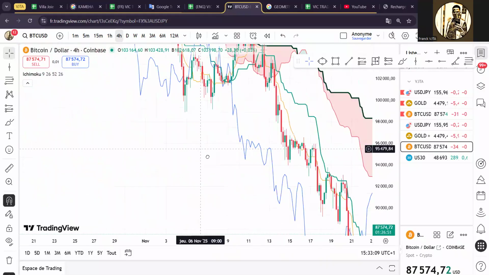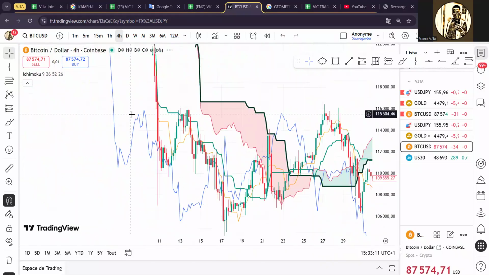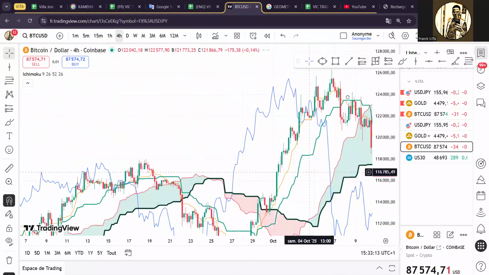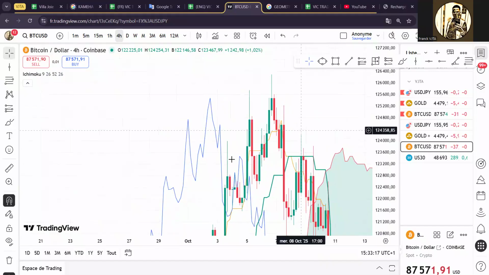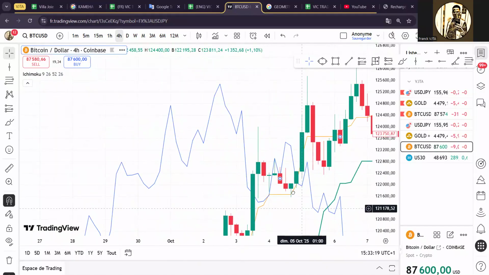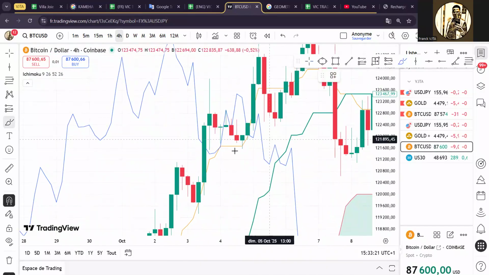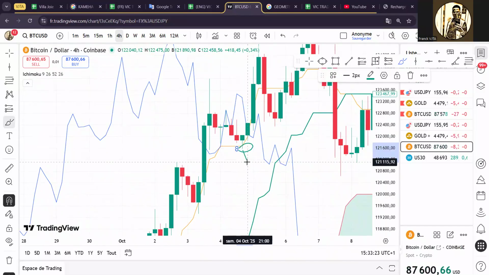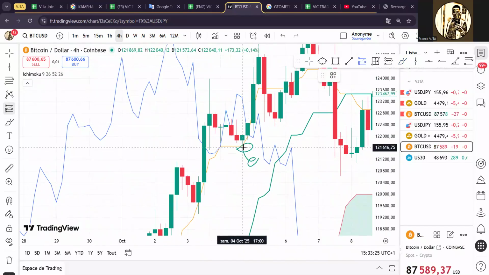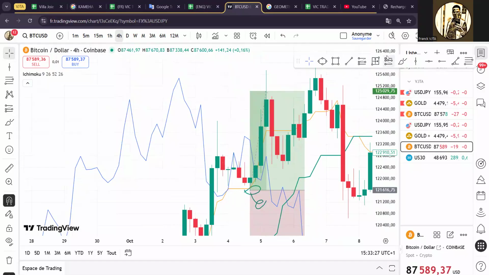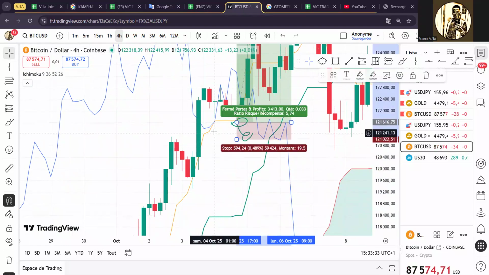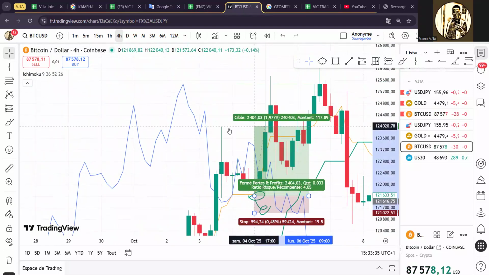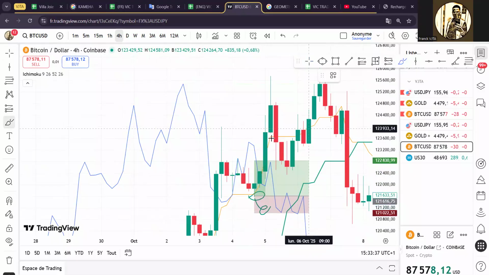So let us take an example. Let us say, for example, that if you entered on this Tenkan, right, your first take profit would have been by this wick. You place your stop loss here, and then you add something on the wick here.